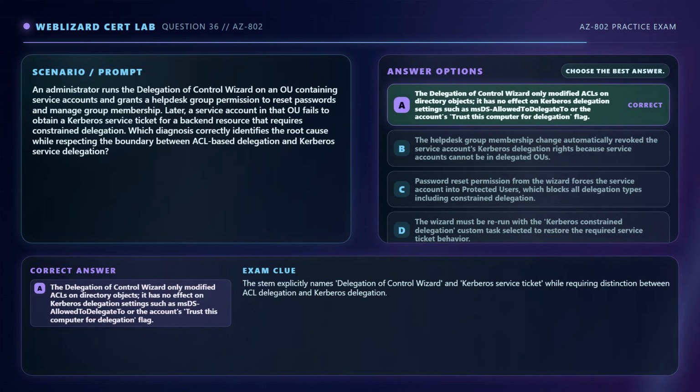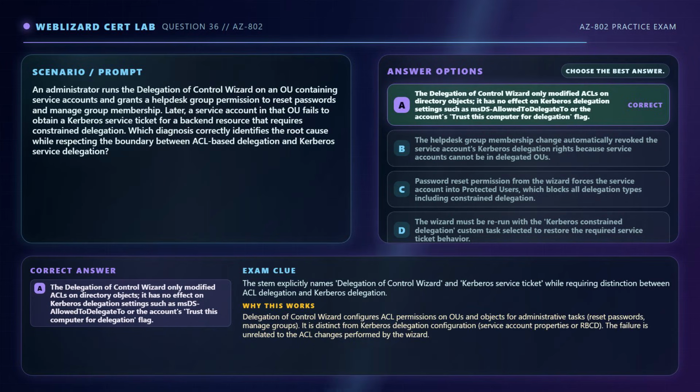The correct answer is A. The delegation of control wizard only modified ACLs on directory objects. It has no effect on Kerberos delegation settings, such as msDS-AllowedToDelegateTo, or the account's trust this computer for delegation flag. The delegation of control wizard configures ACL permissions on OUs and objects for administrative tasks, reset passwords, manage groups.